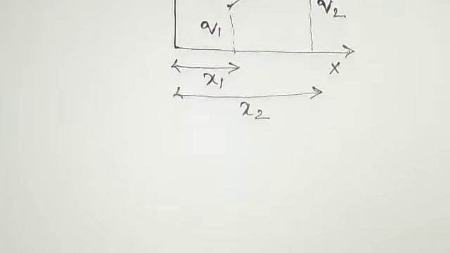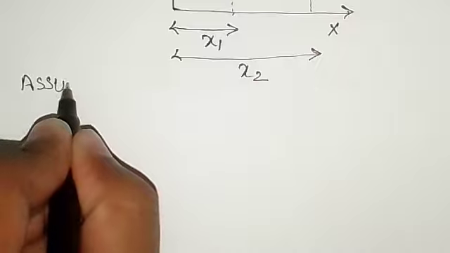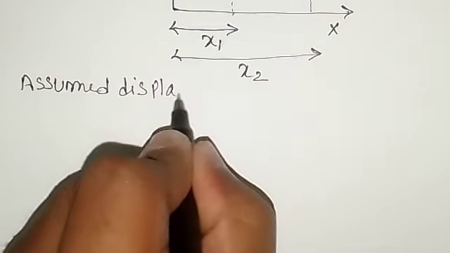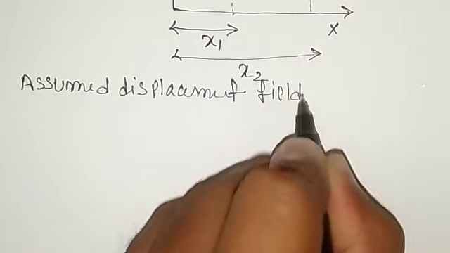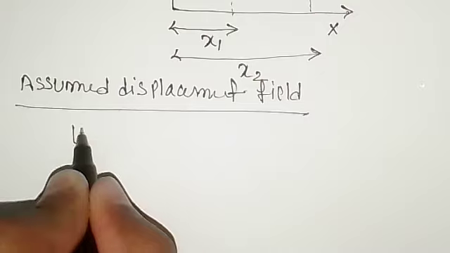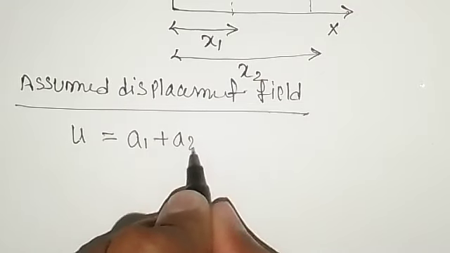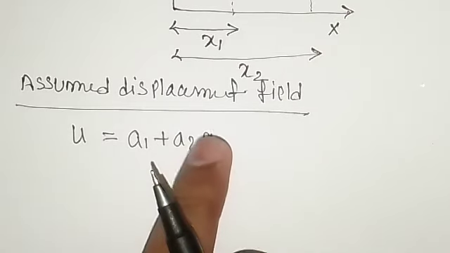So here we go, the assumed displacement field. So what is the displacement field? Whatever equation we have considered, u is equal to a1 plus a2 x, means u is the nodal displacement and x is the position.